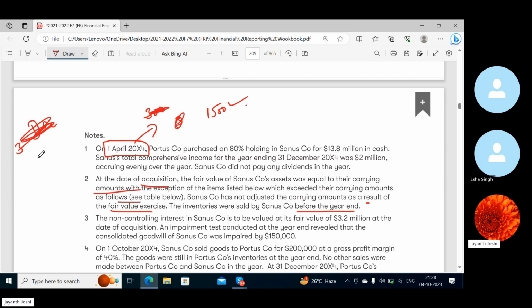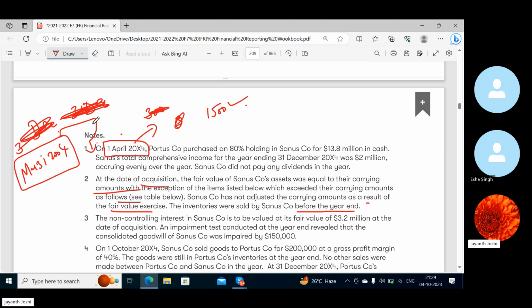no, 31st December is at the end of this year. Not even that. March 31st, 2004 is the date. After this date, the company was acquired, isn't it so? So when the company was acquired on April 1st, that is exactly at the date of acquisition, the fair value of the assets was equal to their carrying amount.